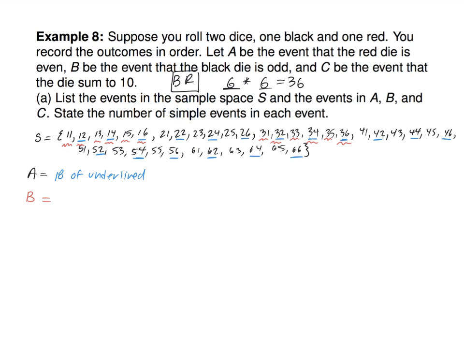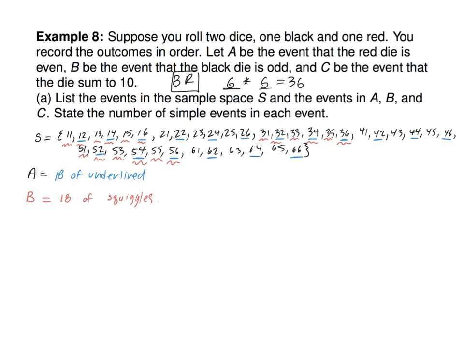Skip all the 4s. Okay. How many of them are there? 18 of those as well, yep. 18 squiggles. Are the events A and B mutually exclusive? Is there no overlap? There is overlap, so they're not mutually exclusive, right?